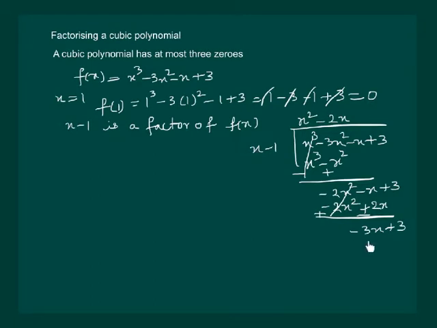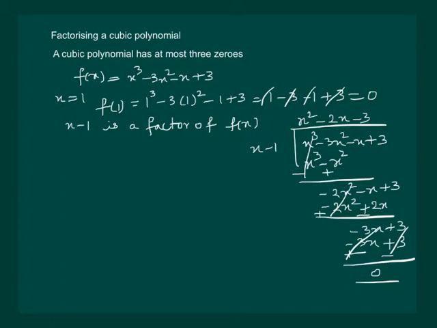Now to get minus 3x, we multiply with minus 3. Minus 3 into x gives minus 3x, and minus 1 into minus 3 gives plus 3. Change the signs and we are left with remainder 0.